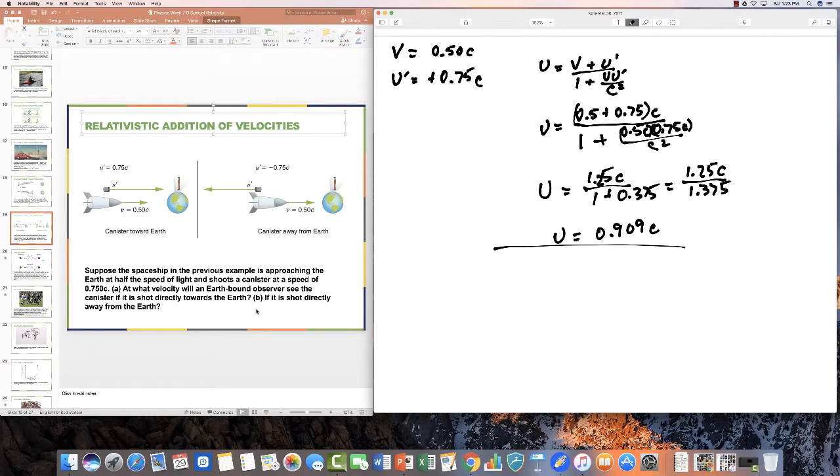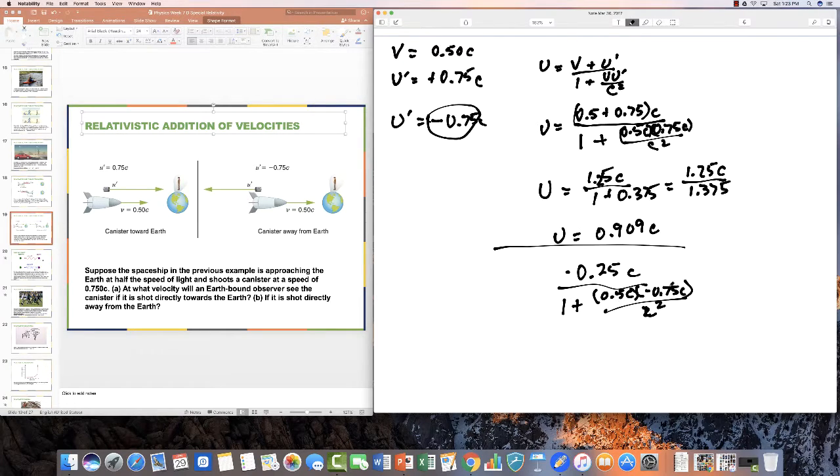Now the second half of this problem is very similar, except you have to change the sign. U prime now becomes negative 0.75 c. And you do the whole thing again, but have a negative in here instead. So on the numerator, you're going to have 0.5 minus 0.75, which is negative 0.25 c. On the denominator, it's now going to be 1 plus 0.5 c times a negative 0.75 c over c squared.